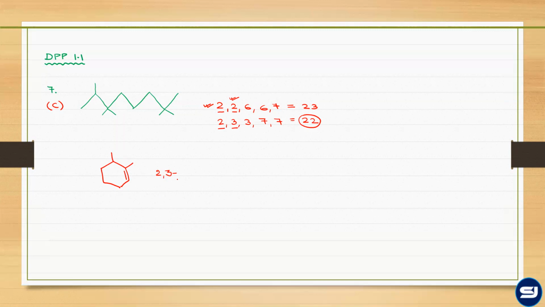There are 2 double bonds. Sorry, penta will not come, it is cyclo. Yes, cyclohexene, you told penta. Sorry. 2,3 dimethyl. So it will be 1, 2 and 3. So 2,3 dimethyl cyclohexane.